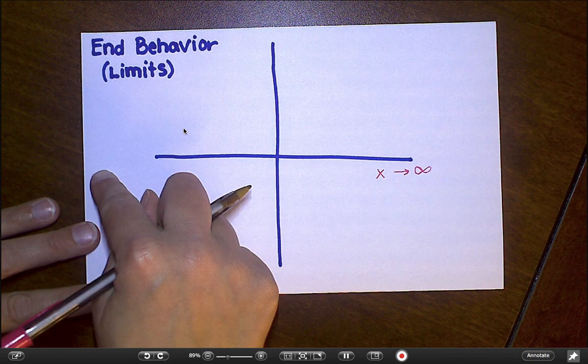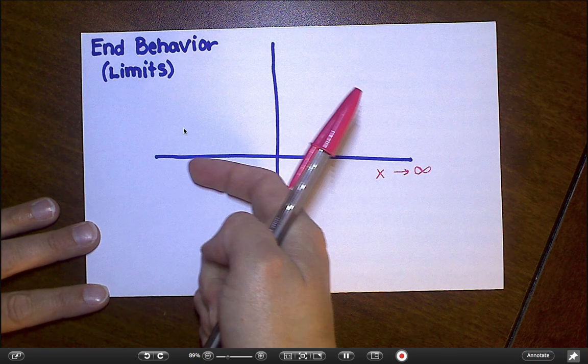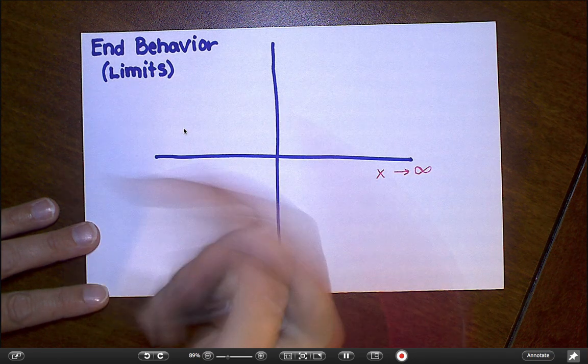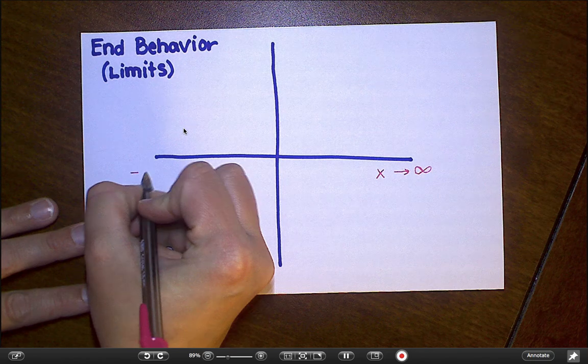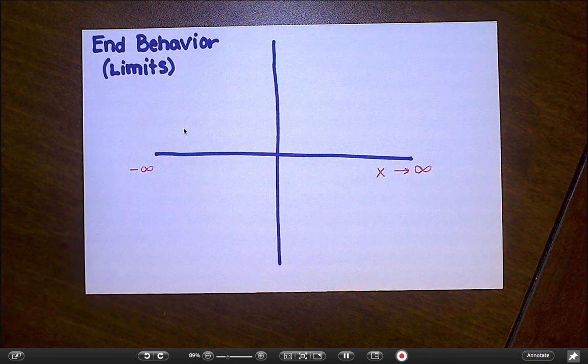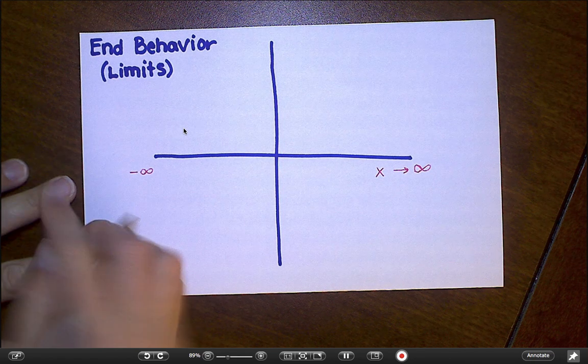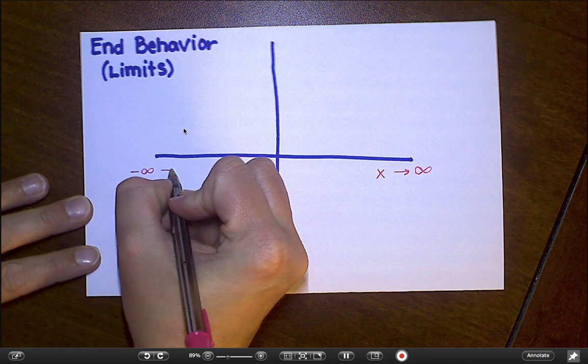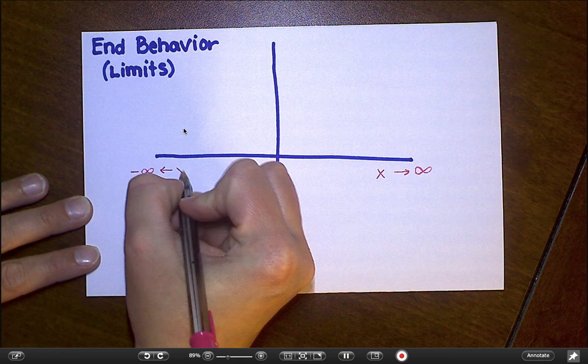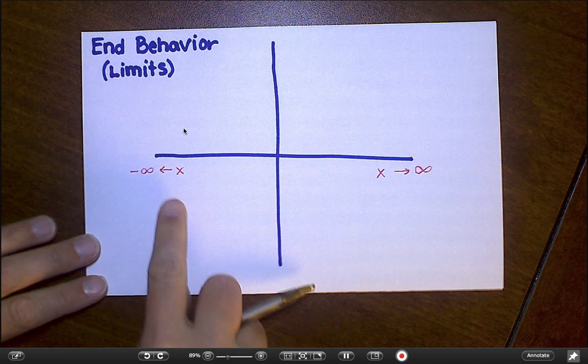Likewise, in this direction, because this is going into negative land forever and ever, we would call this end of the graph negative infinity. Okay? If we extended this forever. And so going to the left, we say is x approaching negative infinity. Now we don't actually write it this way.